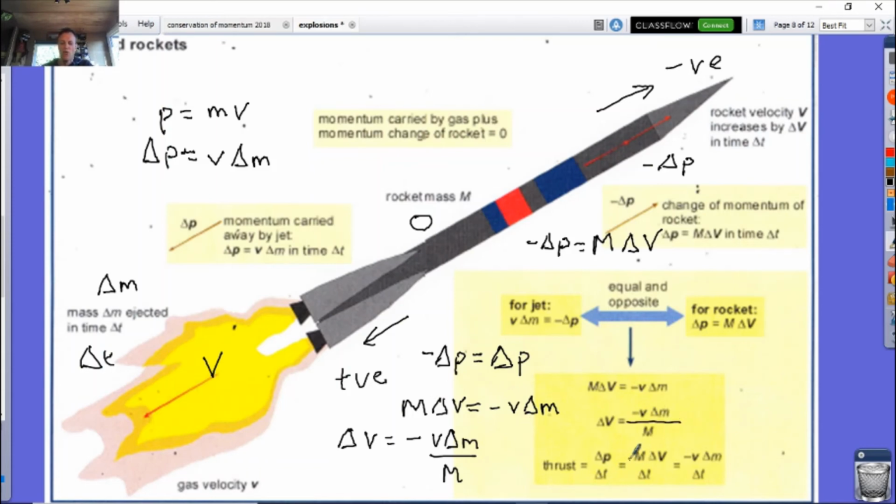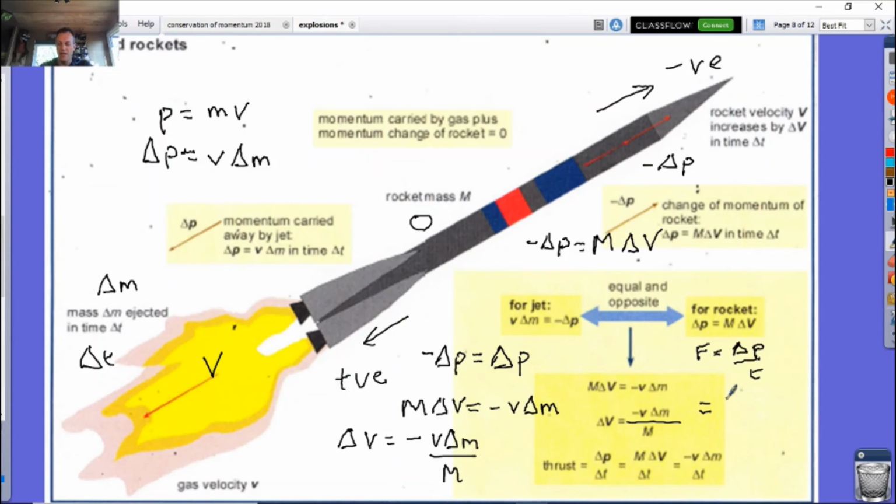Okay? Well, to work out the thrust of the rocket, and I'm going to stick this over here, the force is going to be the change in momentum, which is delta P over T. So it really doesn't matter which one you take, because the two must be the same, because the force on the rocket must be the same as the force of the gases going down, because that is Newton's third law, isn't it?